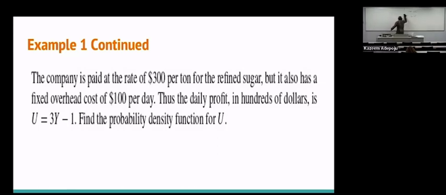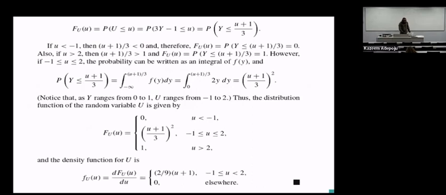Okay, now I want to use the method of distribution function to figure this guy out. If you take a look at what I'm trying to show, I think the best thing is, of course, you can read all of that, but I'm going to make use of my board. We've derived the f of U to be that. That is the process.